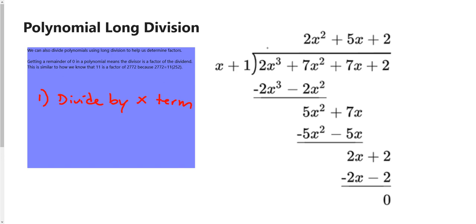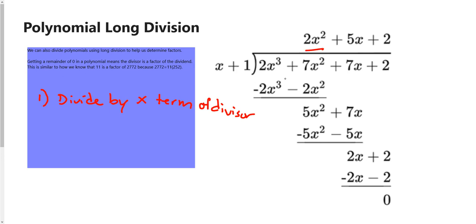Now, I don't write it directly above the 2x to the third. I write it above the 7x squared. Why? Because that lines up the terms super nicely. Look at how all my like terms are lined up. That is key to keeping this organized.